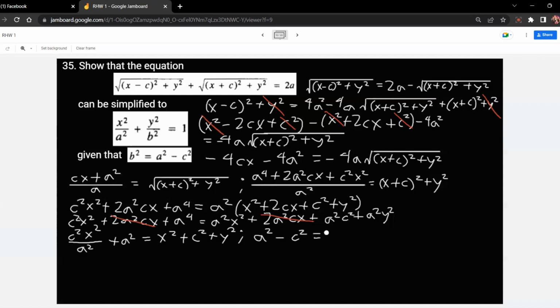So, curiously, a squared minus c squared. Ayun. Y squared.